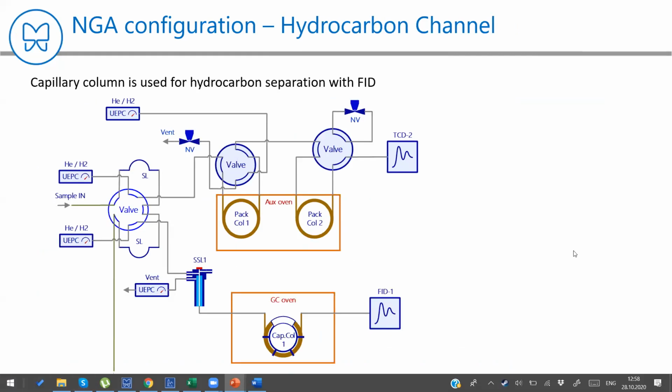The channel for hydrocarbons is typically a capillary column to provide a separation of hydrocarbons. To accelerate the process of hydrocarbon separation, we need to apply a temperature program. So we will locate our capillary column inside the main GC oven.